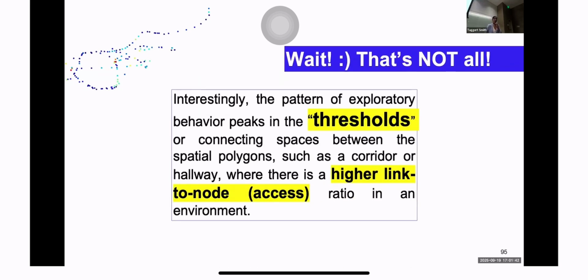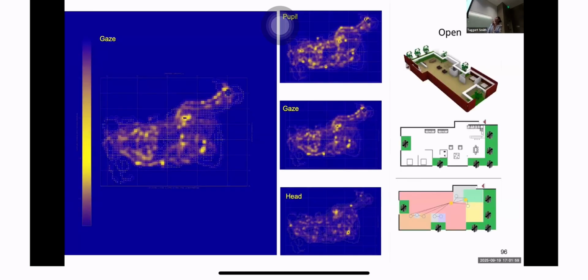So interestingly, the pattern of exploratory behavior peaks in the thresholds or connecting spaces between the spatial polygons, such as corridors or hallways, where there's a higher link to node access ratio. So this is basically, as you remember, an open environment. Lower right, you can see the polygons and also the graph, the axis graph.